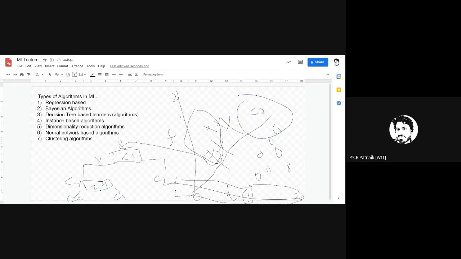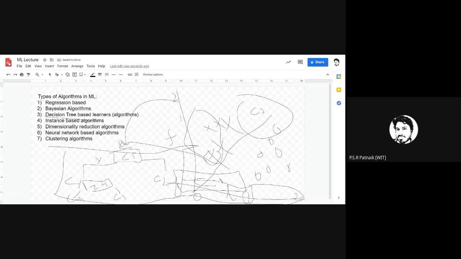The fundamental principle of classifying in these types of algorithms, decision tree based learners, is building a tree where each node acts as one condition. Any new instance gets evaluated against these conditions, and it ends up at some leaf node, which defines the class to which the new instance belongs.